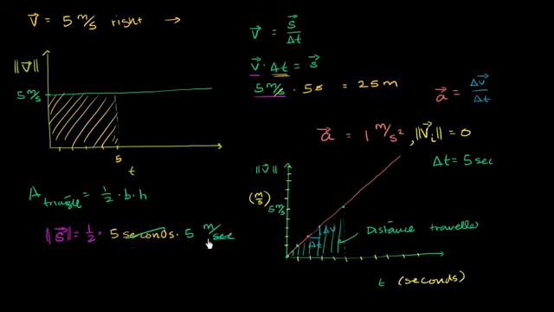The seconds cancel out with the seconds, and we're left with 1/2 times 25 meters, which is equal to 12.5 meters.